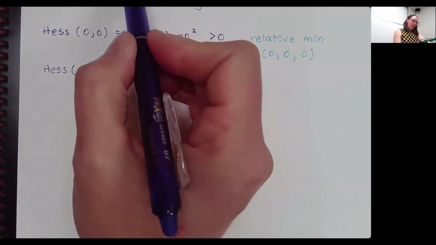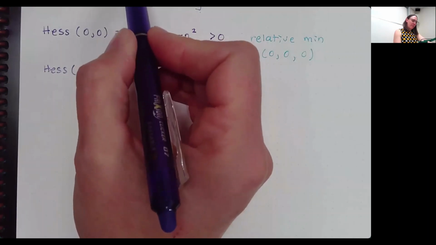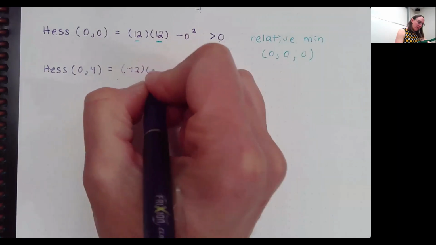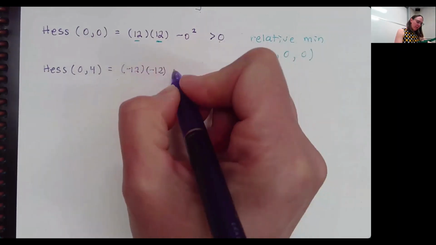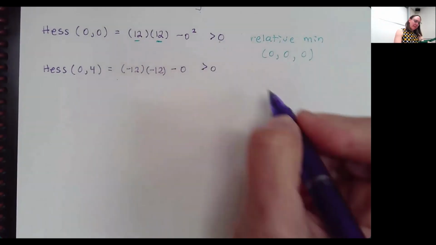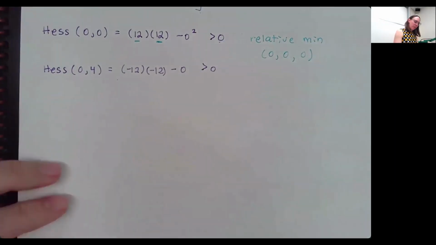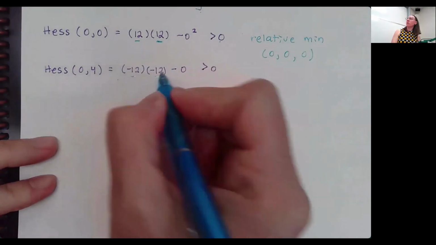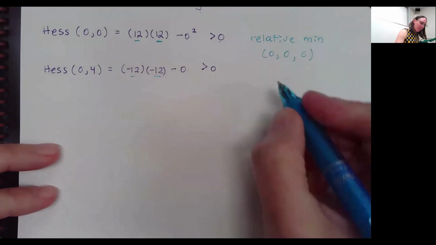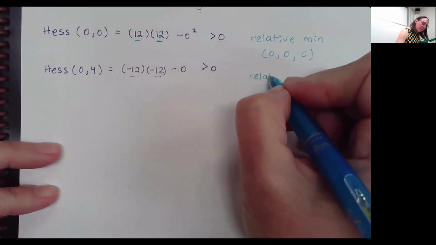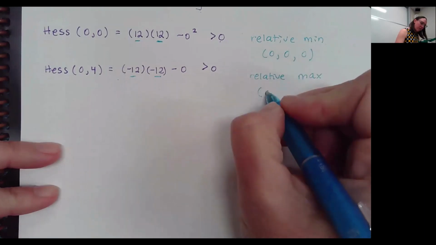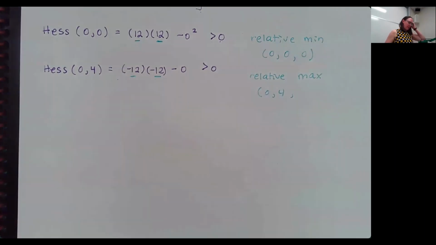When I plug in 4, 6 times 4 is 24. So 12 minus 24, I would have negative 12 times another negative 12 minus 0 because my x is still 0. This is positive. This time, both of those concavity pieces are negative, which means I'm concave down, and I've got a relative max at 0, 4.